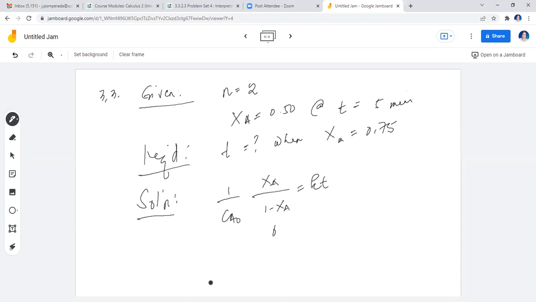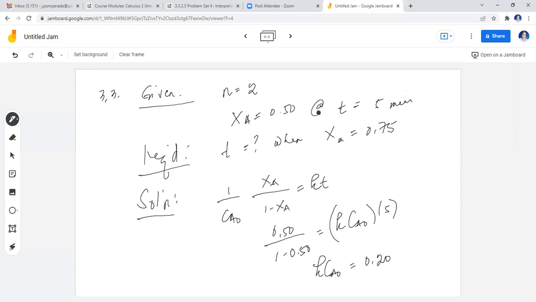Substitute the XA, which is 0.5, and you have 1 minus 0.5 equal to the K together with the CAO, and then I'll multiply with the time, which is 5 minutes. So what I'm solving here is the constant K times CAO. In this case, this is 1 divided by 5, so that would be 0.2.